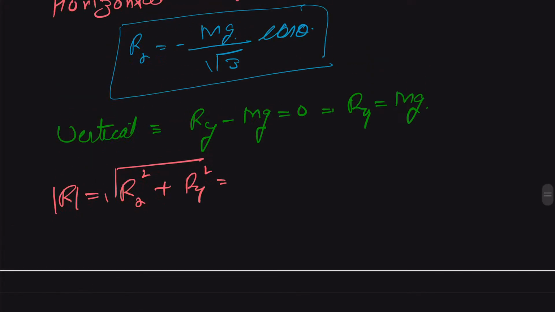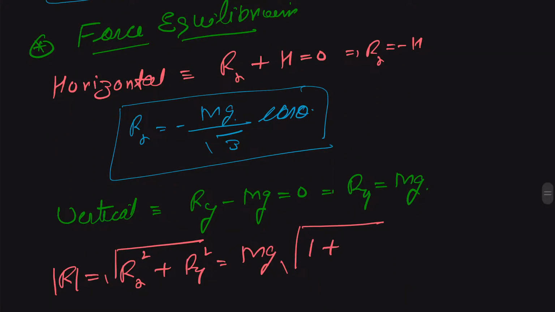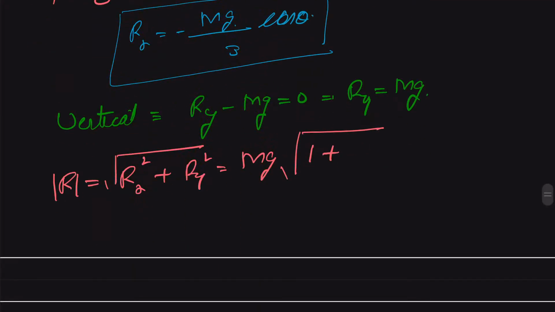And mg we can take as common, and inside the bracket we are left with 1 plus, and wait, this is not a square root, this is only 3. So we get cot square theta upon 9.